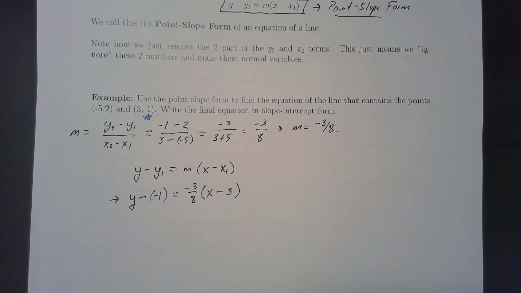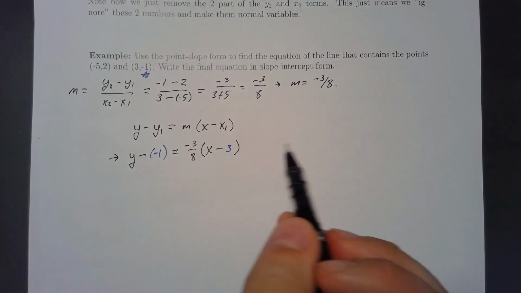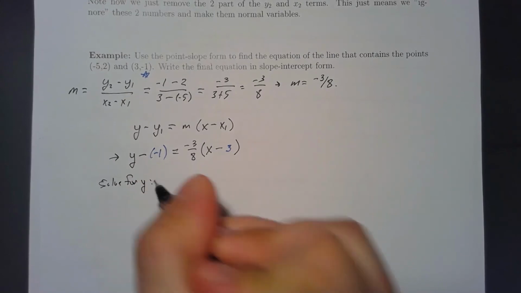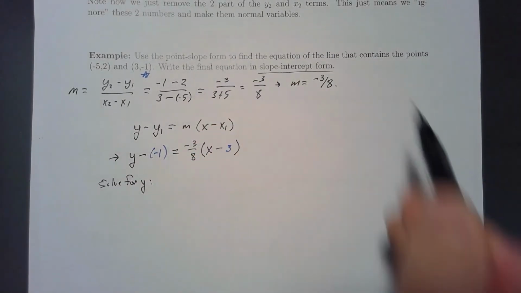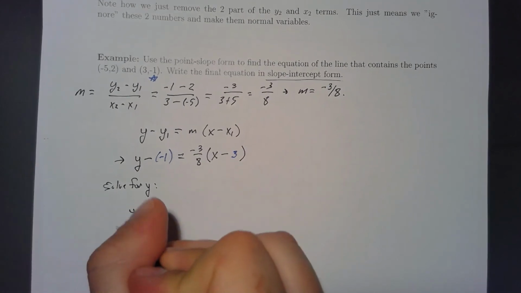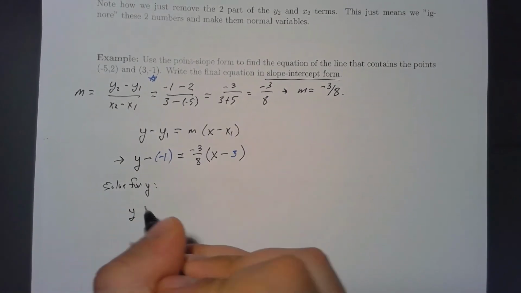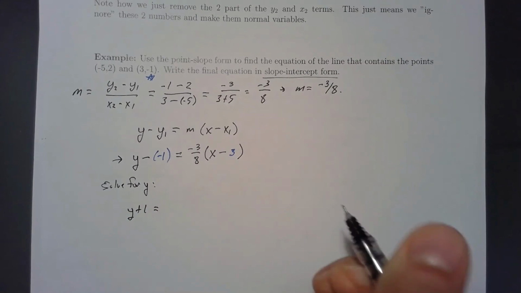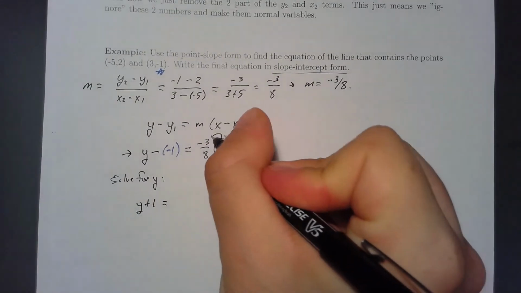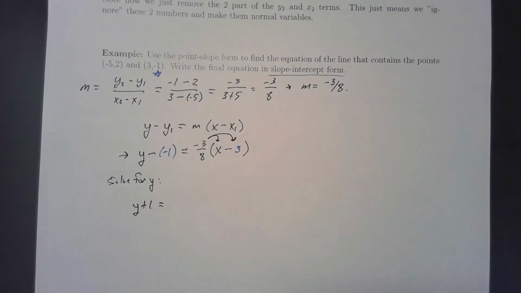Alright, now all I have to do is solve for y, and that'll give me slope-intercept form. So when I do that, I have y minus -1, which is y plus 1, equals, now you want to distribute this -3/8 to both things.